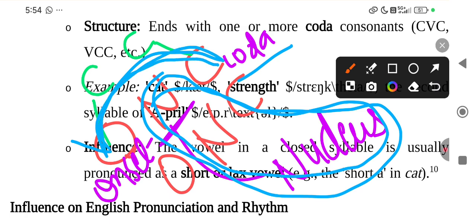Onset and coda are optional, but the nucleus is obligatory, mandatory. That is a must.